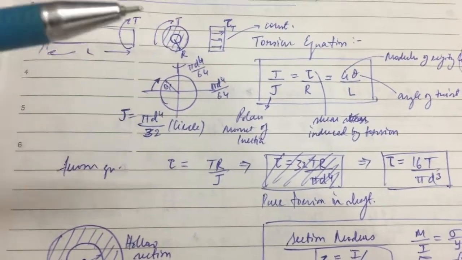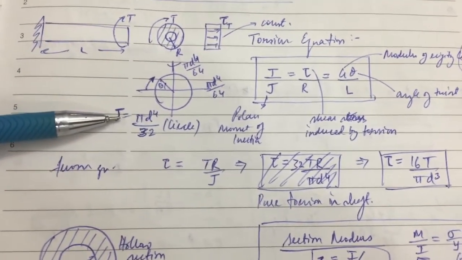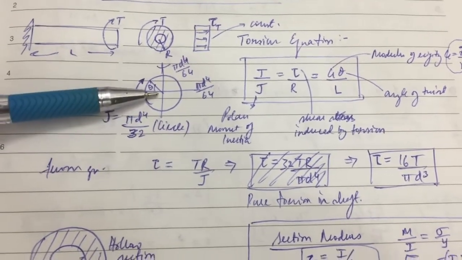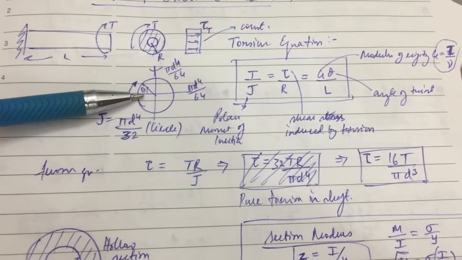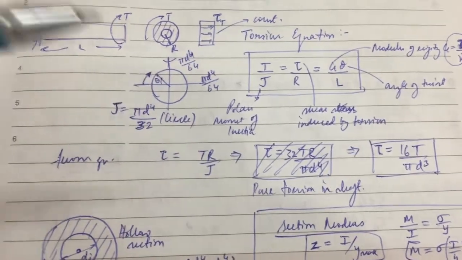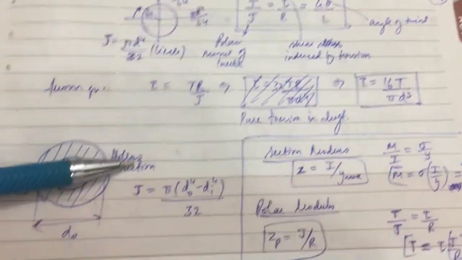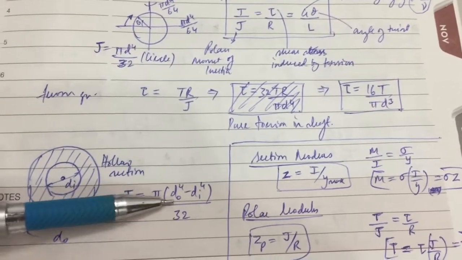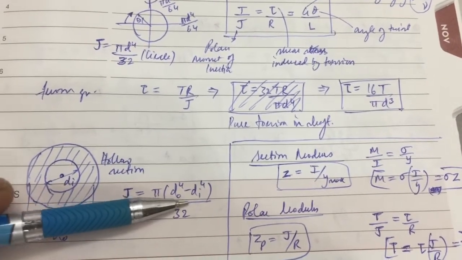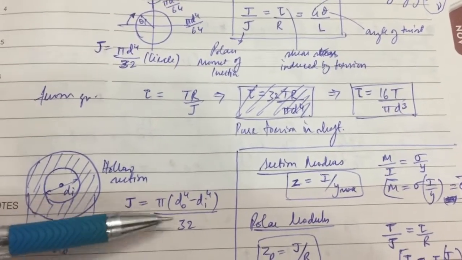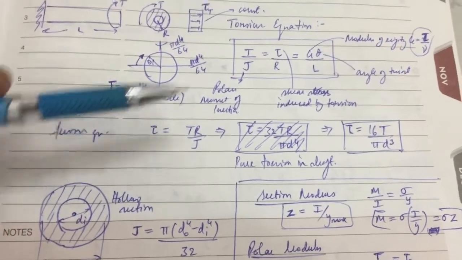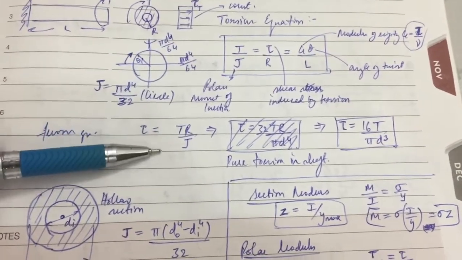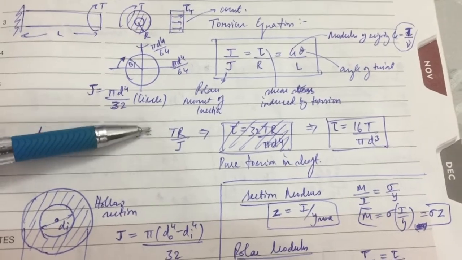But the polar moment of inertia axis is perpendicular to the section, so the axis is outwards. For hollow sections, the formula is outer diameter to the power 4 minus inner diameter to the power 4, multiplied by pi and divided by 32.